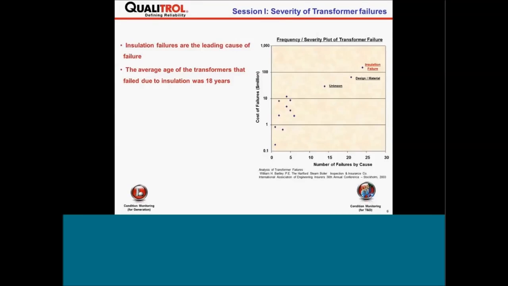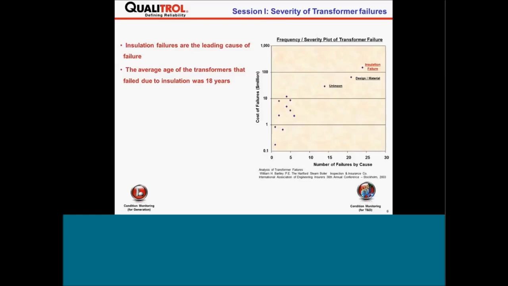The severity, if you look at the number of failures by cause against the cost of failure, the insulation failure is a major cost and frequency. So if we had the ability to detect that ahead of complete failure of the transformer, then this would be a major saving for the utility.